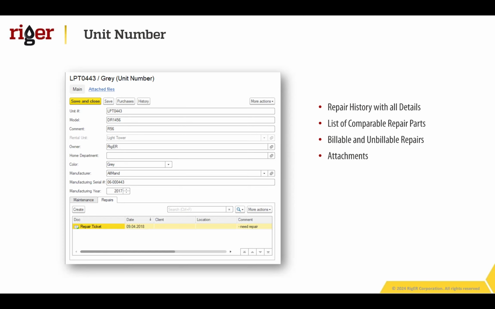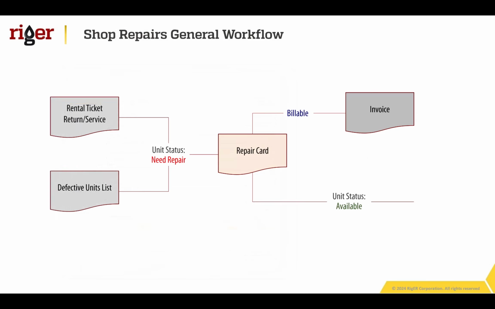For each item you can build the repair list, and it will show automatically in the repair card. This is done to make our data entry faster. Billable and unbillable repairs. And of course, we can have attachments, which will help us to repair. Could be a manual, other instructions, or paper-based repair documentation.